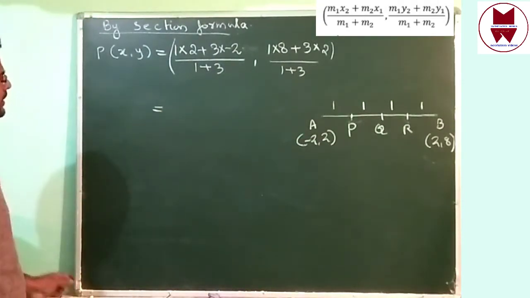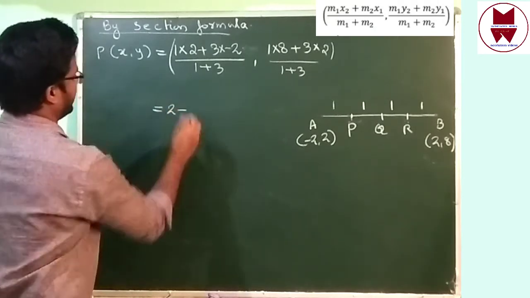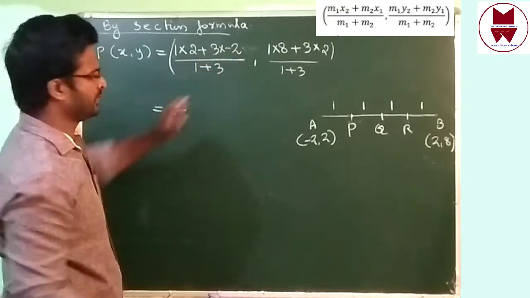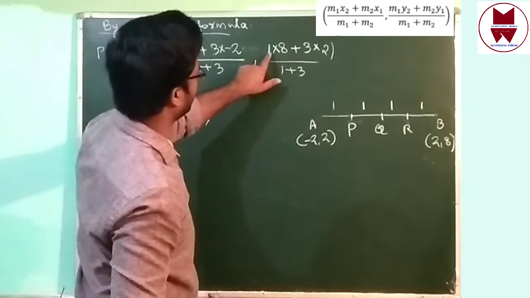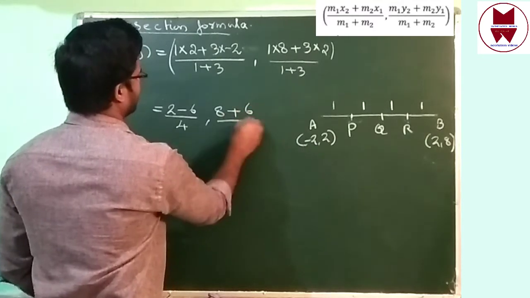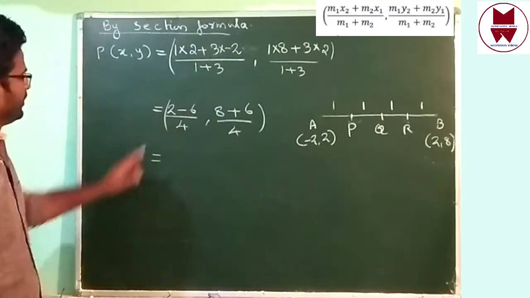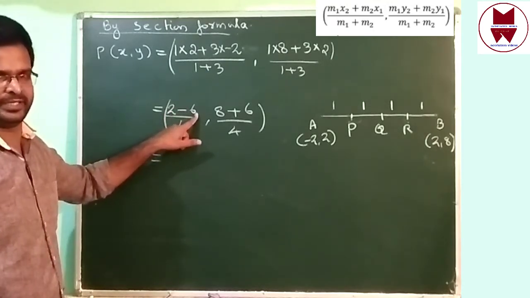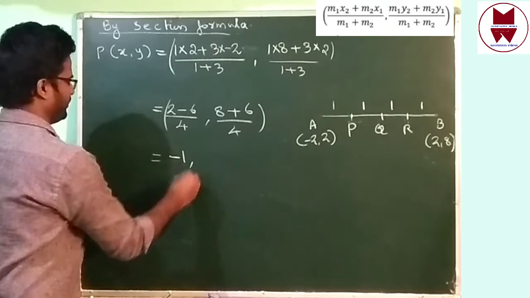Equal to, what will you get? 1 into 2, 2 minus 3 into 2, 6, divided by 4. And here also 1 into 8, 8 plus 3 into 2, 6 by 4. Equal to 2 minus 6, minus 4, isn't it? Minus 4 divided by 4, you will get minus 1.